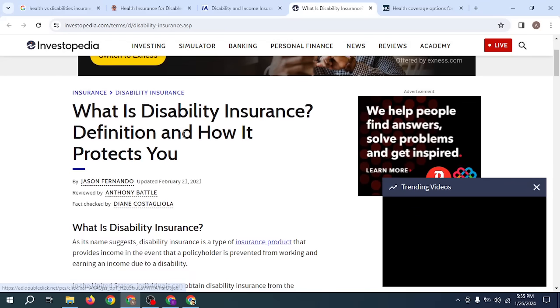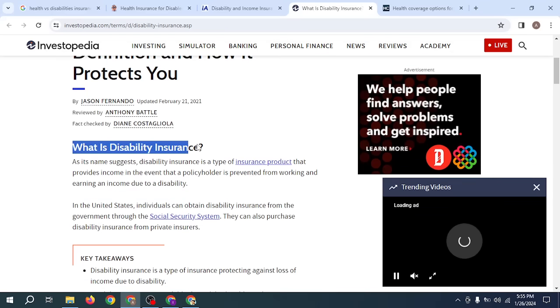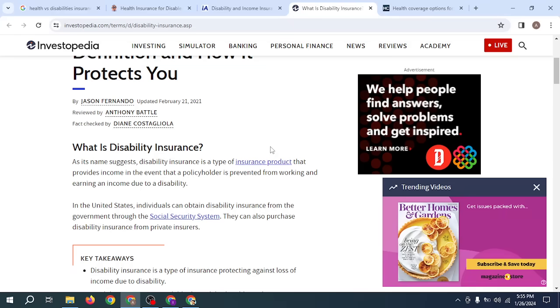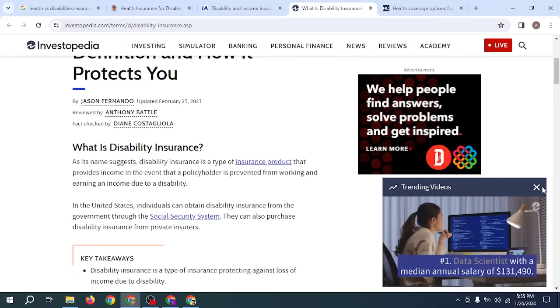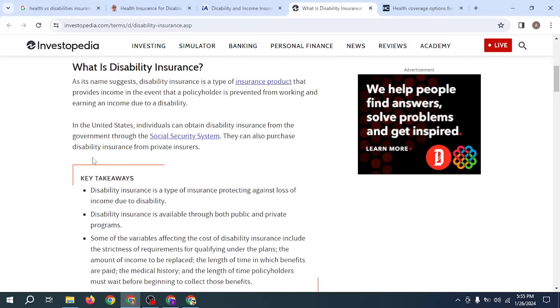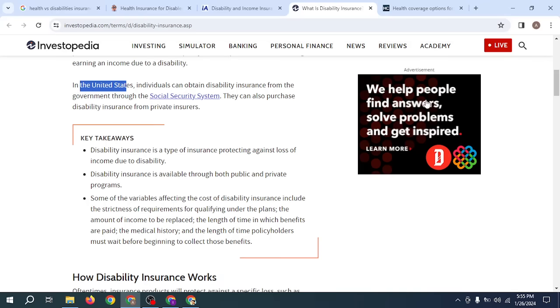So, what is disability insurance? Basically, disability insurance is a type of insurance product that provides income in the event that a policyholder is prevented from working and earning due to disabilities. In the United States, individuals can obtain disability insurance from the government through the Social Security System.